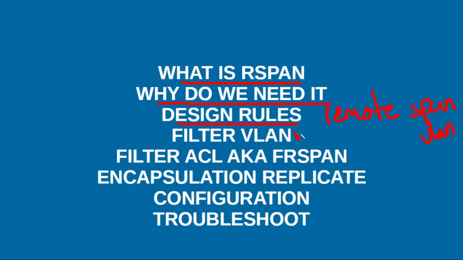We have filter VLAN, and we have filter ACL, which turns remote SPAN into flow-based remote SPAN. We saw that the encapsulation replicate feature does not work with remote SPAN. We saw one configuration example, and we saw the troubleshooting commands, for instance, show monitor session, show interface trunk, and show VLAN ID.